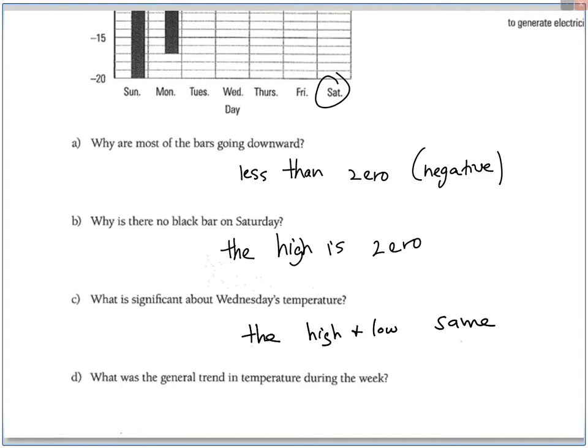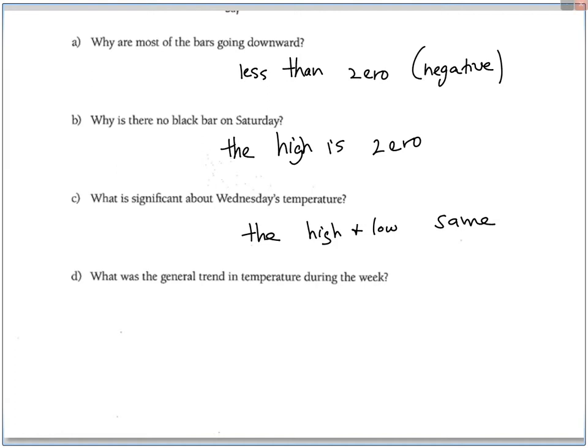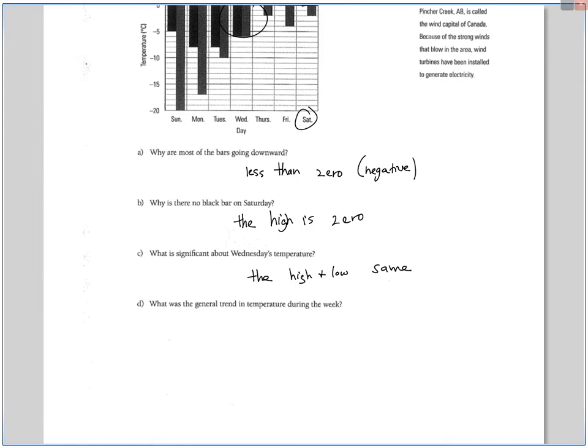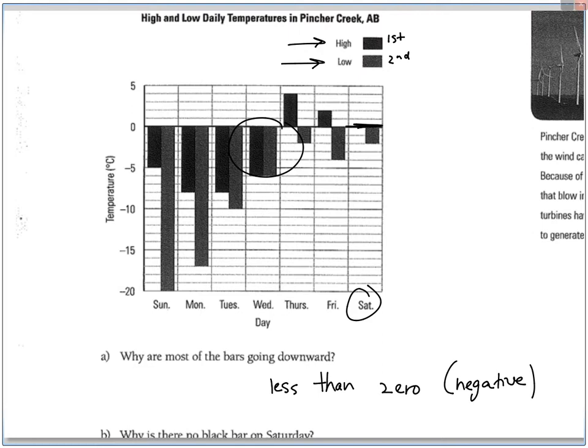Very specific. And then in D it's talking about general. Okay, so now you got to be general. So now you need some statement about the graph as a whole. Is it getting warmer, getting colder, or staying the same? What's up with these bars? Yeah, it's getting warmer.